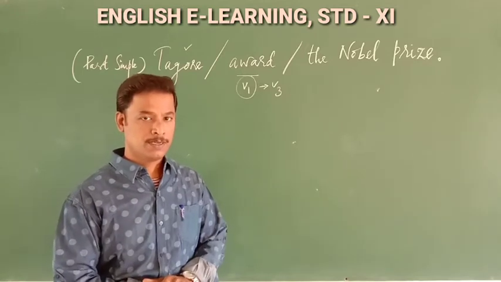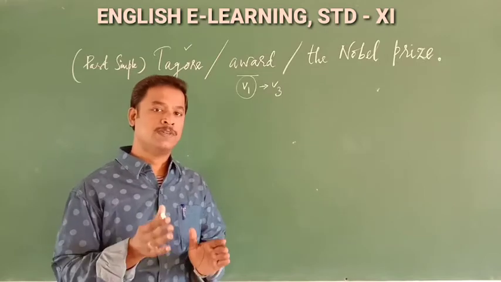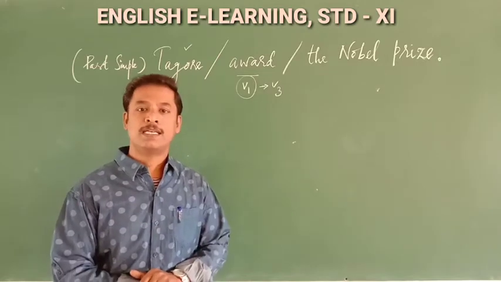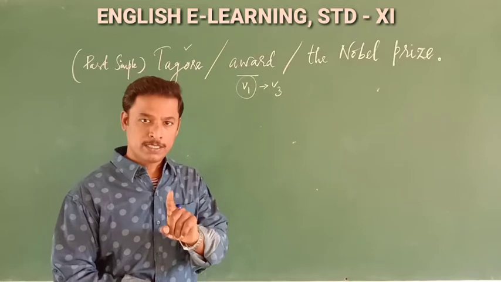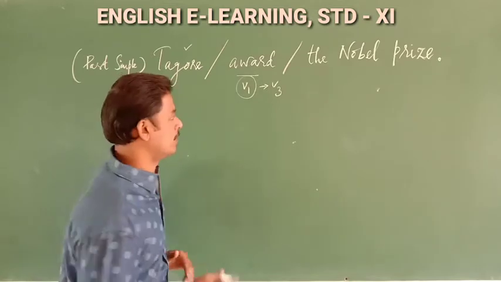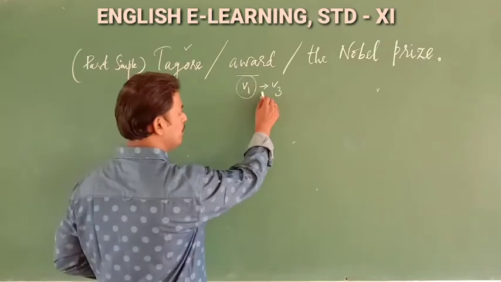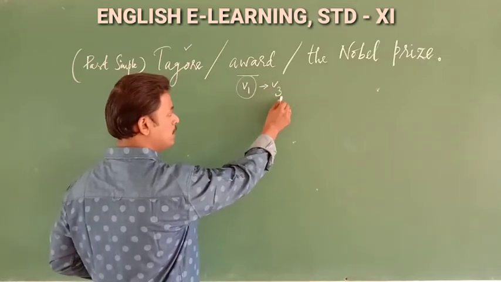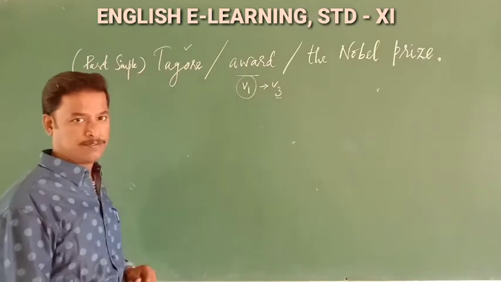Remember this: whatever the tense form, the passive verb should be in the third form, the past participle only. So the verb base form should be changed into the third form. First thing.